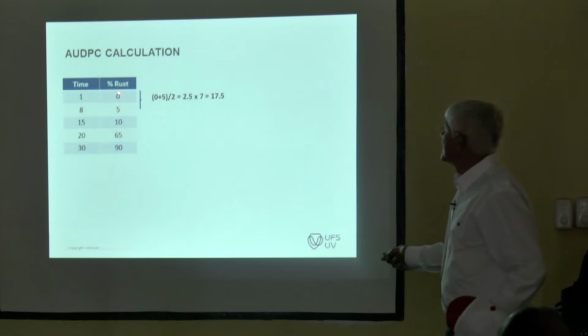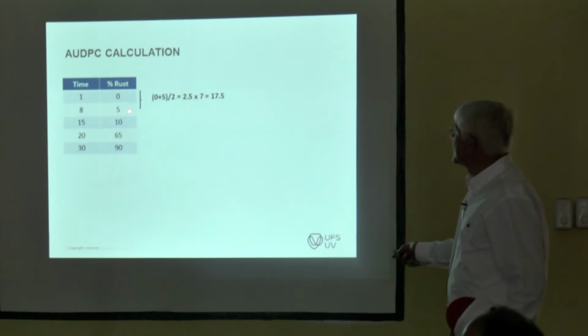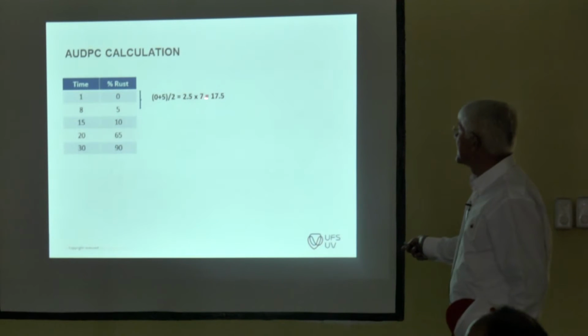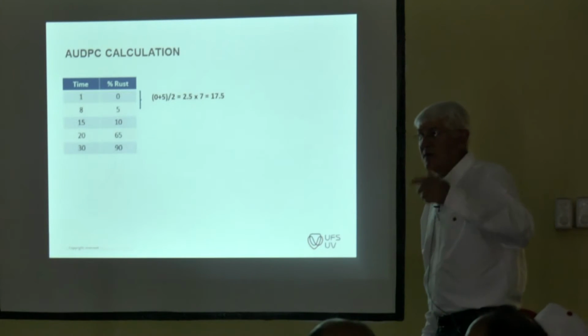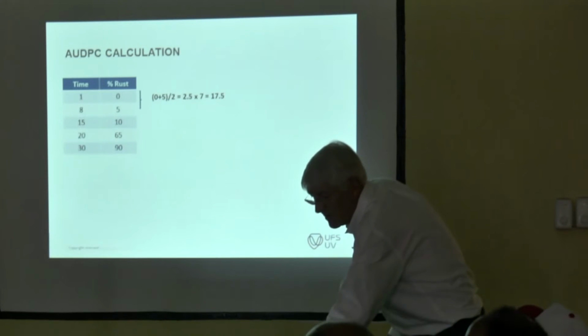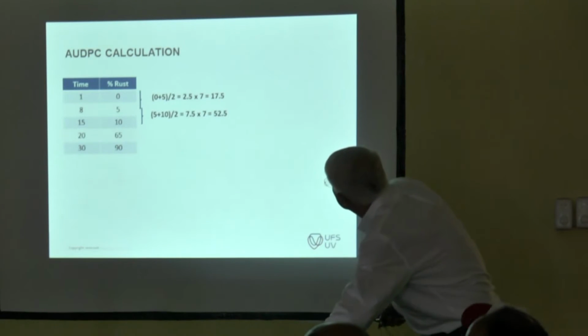So I add a score at the first date plus 5 at the second date. I divide by 2, I get 2.5, and I multiply with the difference in time, which is 7. I get 17.5. So you can see already I'm getting to the same value that I had doing it manually by hand. And so you can calculate the next one.